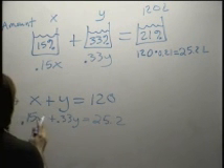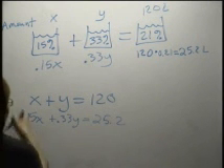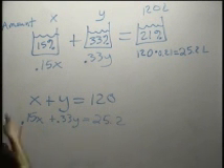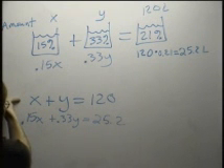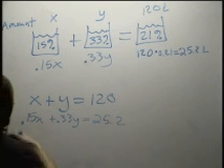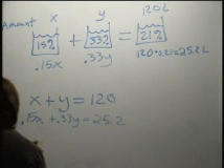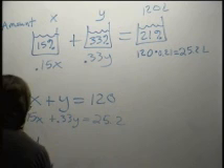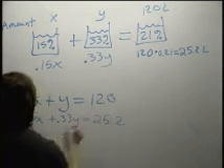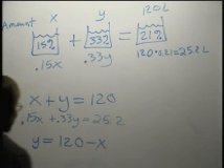To substitute, I'm going to solve this top equation. I could solve either equation for either variable, but it's easiest to solve the top equation because the coefficients are 1. And I can solve for either x or y. So I'll go ahead and solve it for y. Doesn't matter. So to do that, I subtract x from each side. And so I'm going to get y equals 120 minus x.